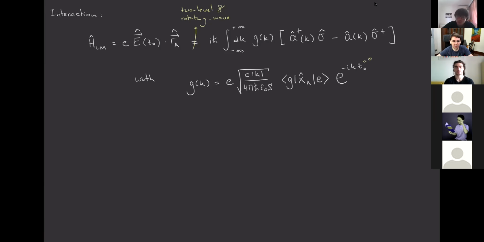Of course, for a single atom, nothing can depend on your choice of z0, because no matter where you put the atom in the z direction, it sees a continuum of modes of the electromagnetic field, so everything should be the same. However, this phase factor here can play a very fundamental role if you have not a single atom, but two atoms separated by some distance, okay?